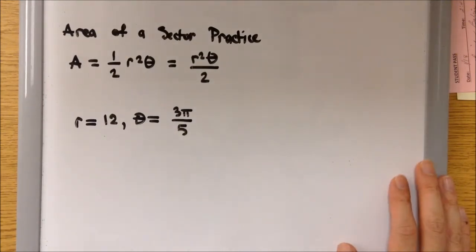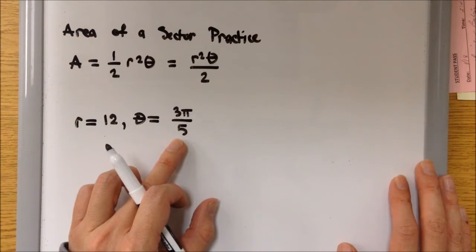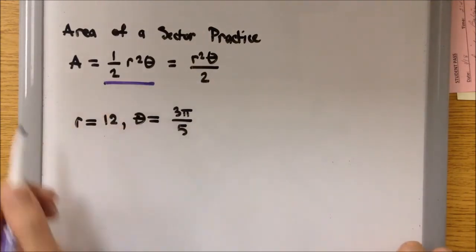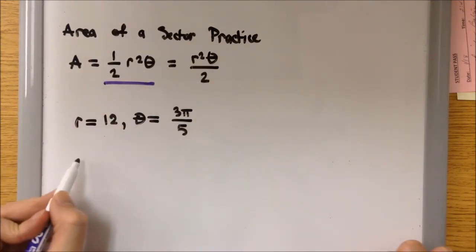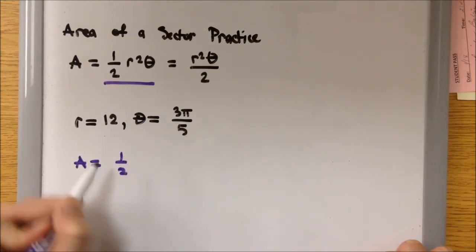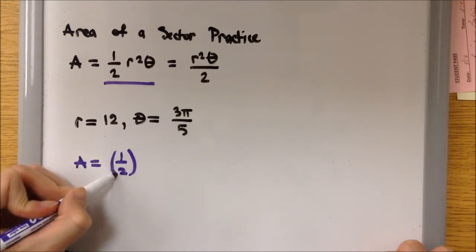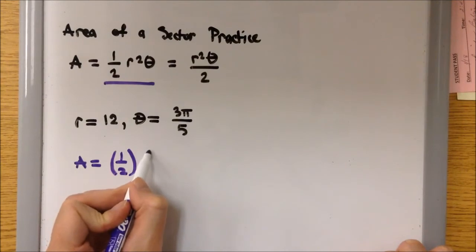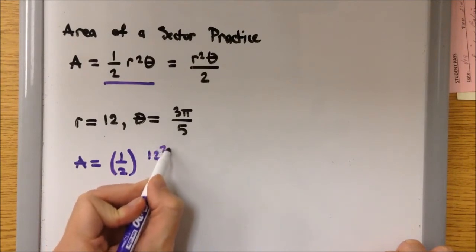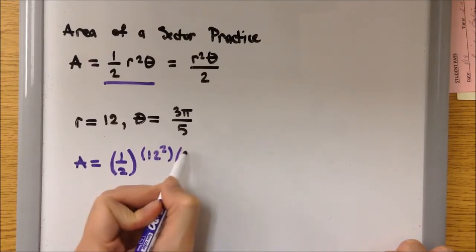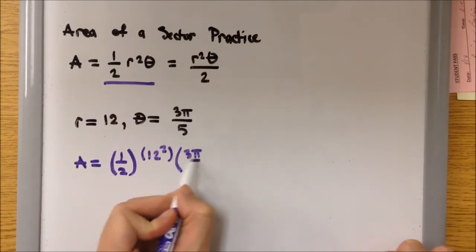Now, if you have radians as a fraction, then I would highly recommend using this formula. So A equals 1/2 times r squared. r is 12, so that's 12 squared, times our theta, which is 3 pi over 5.